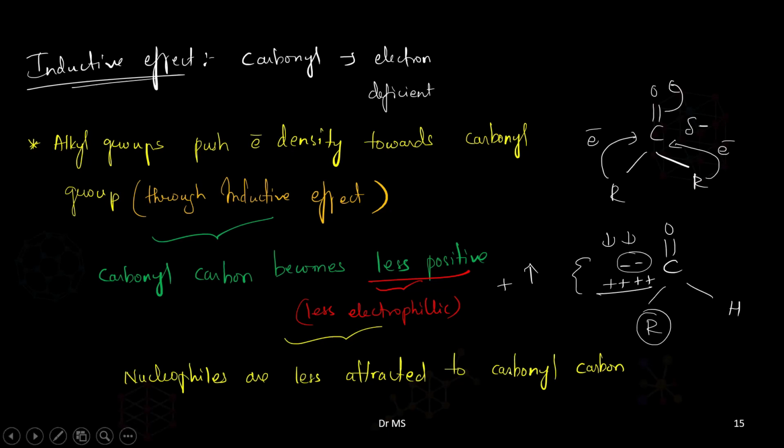The nucleophile can only attach to this carbon when it is positively charged, but in ketones the positive charge is decreased. So you need to invest a certain amount of energy, which we call the nucleophilic addition activation energy. So you need to invest more energy for the ketones compared to aldehydes, so the aldehydes are more reactive compared to the ketones.